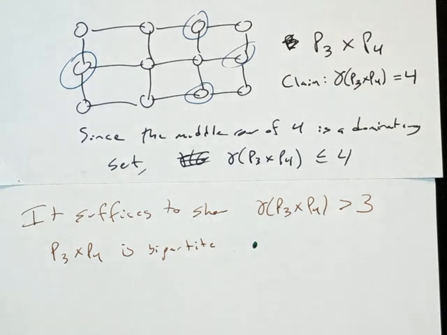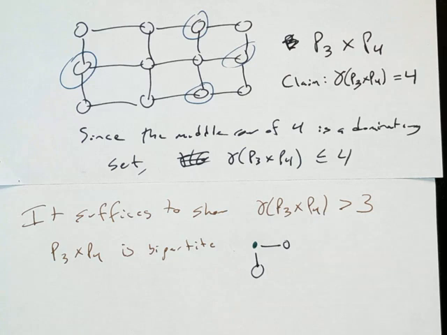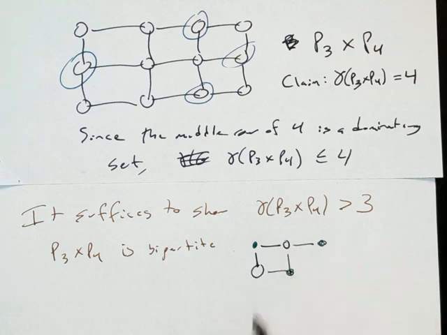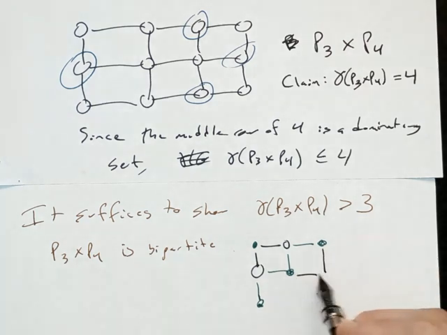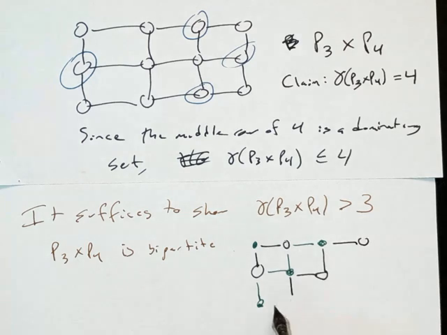Well then, the next vertices adjacent to that should be not green. Those are not green. Adjacent to all of those, take one more step: green, green, green. Take one more step: not green, not green, not green.